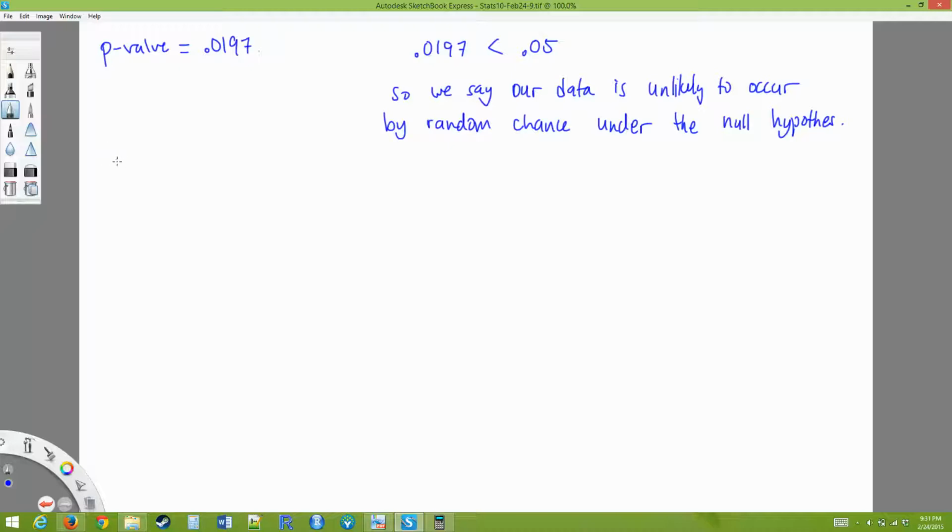Okay, so because it's unlikely, our p-value is small, we would say we reject the null hypothesis because our p-value is small.